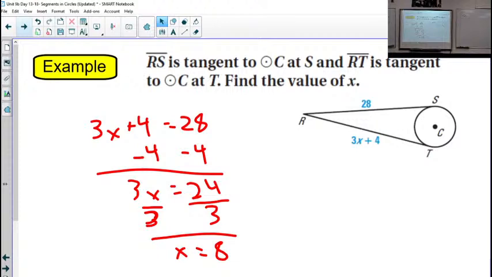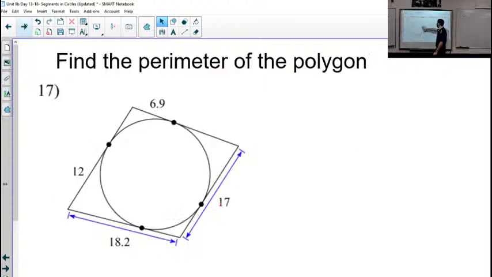So on the back, you'll see some of the part times part questions again. You'll see some of these where you're just going to set the two tangents equal to each other. And then I want you to jump down to the end and this last problem here. And it asks you to find the perimeter of the polygon. So this is number 17.